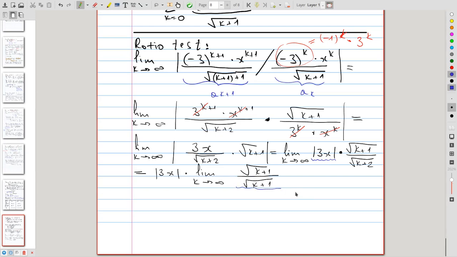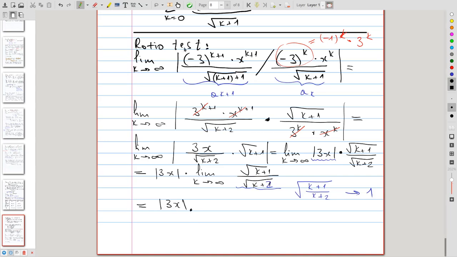Whoops, this was 2. This is the square root of k plus 1 over k plus 2, and this goes to 1. Therefore, the output of the ratio test is the absolute value of 3x.